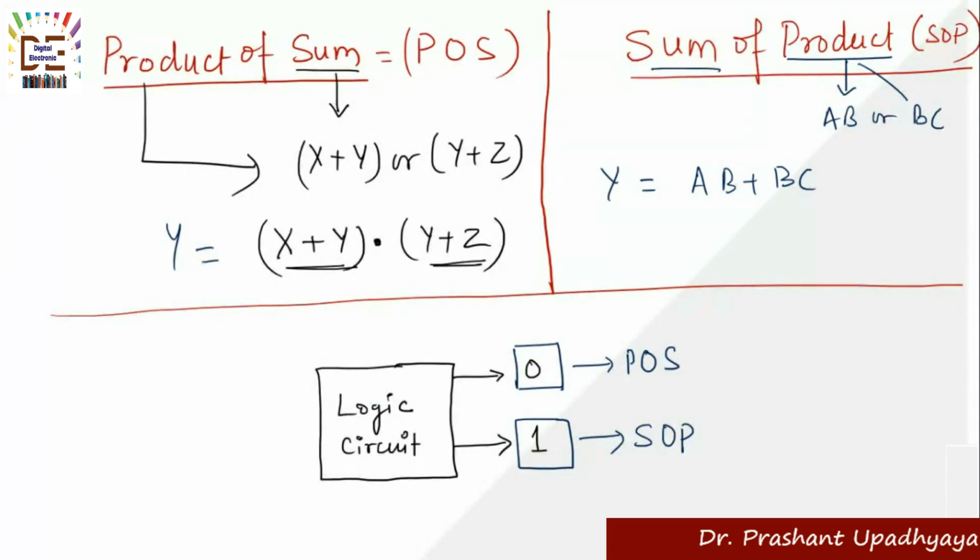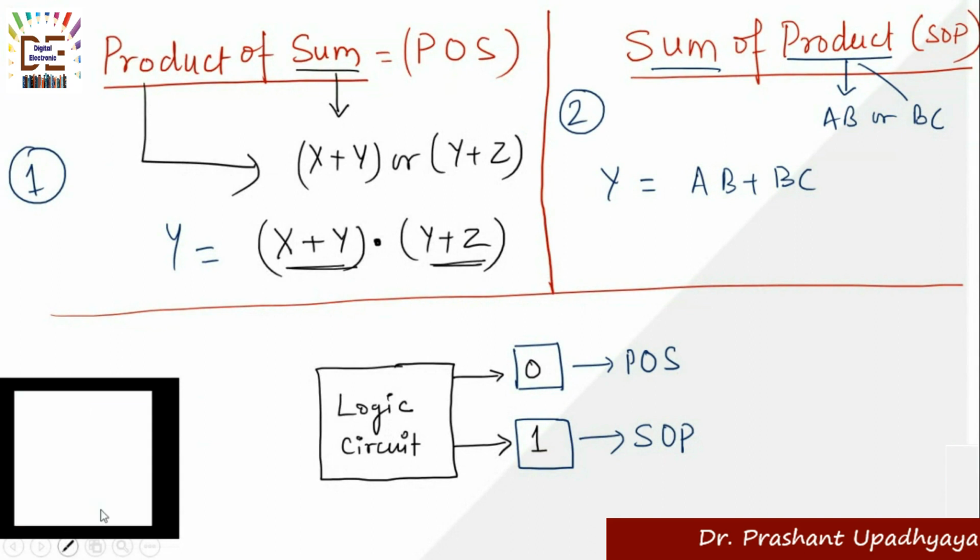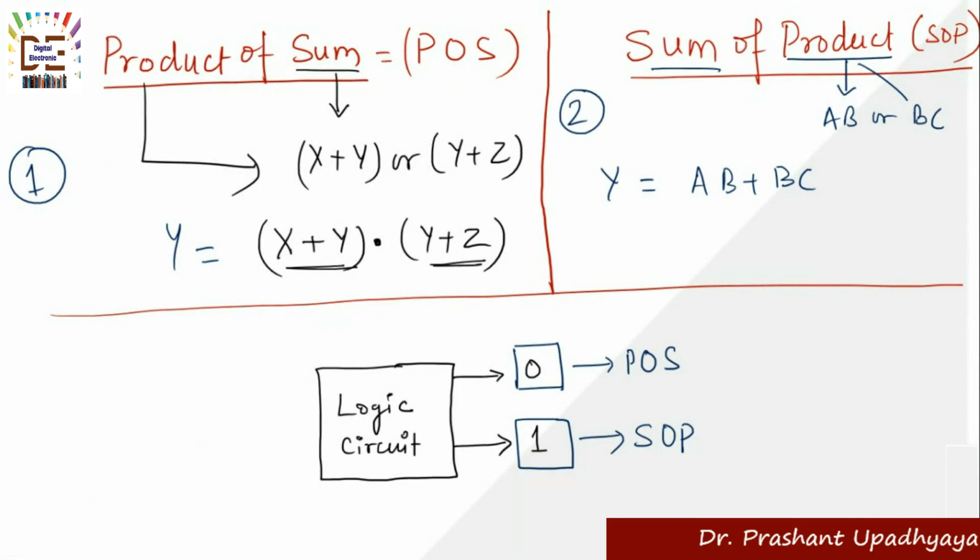Can you tell me in which circuit 0 will play the main role and in which 1 will play the main role? In the POS, 0 will be the main role, and in the SOP, 1 will be the main role.